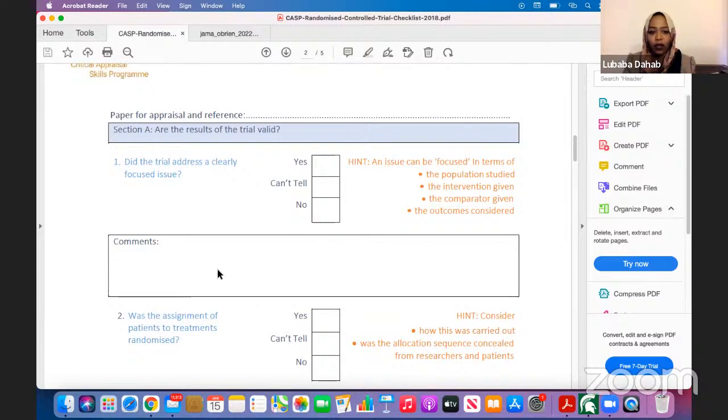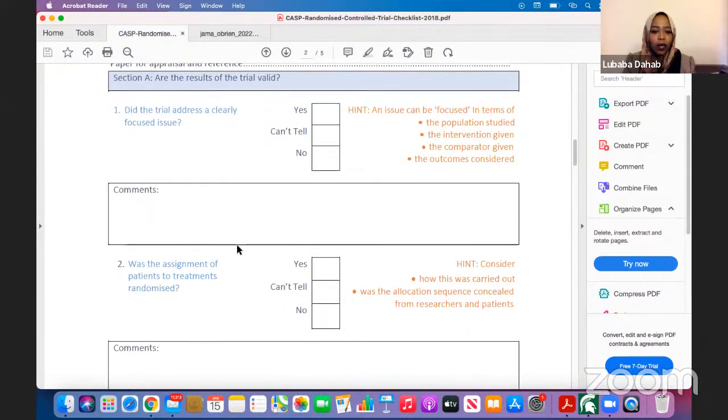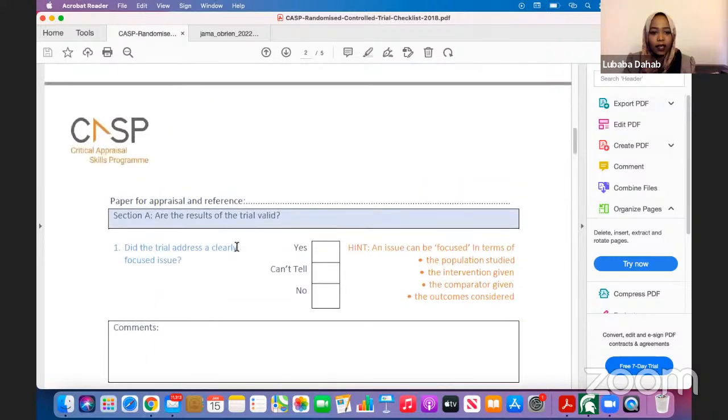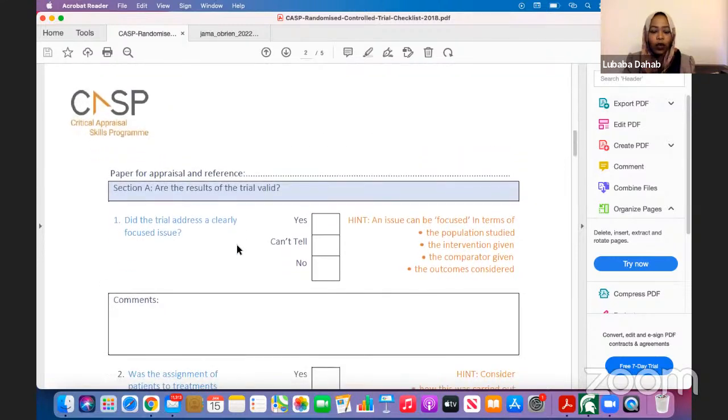Mainly we are looking for the validity of the study and its trustworthiness, and how we can apply that in our practice. Some of these questions look into the validity, others look into the trustworthiness, and some look into the relevance and applicability.